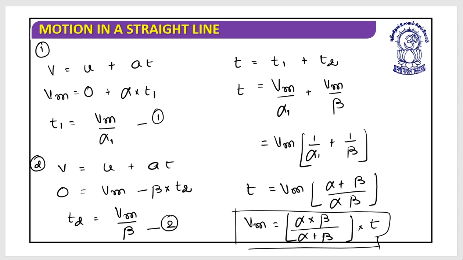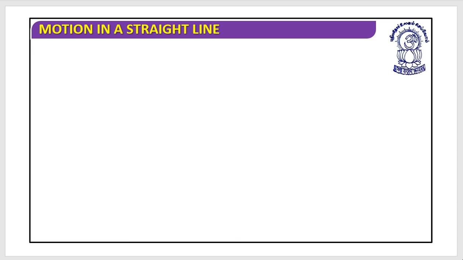Now let's try to remember this. Suppose you have v equals u plus at. I'm talking about the complete journey, and you have u equals 0, then v equals a into t. Now in this situation, for remembering purposes only, you are going to write the acceleration in a different way.